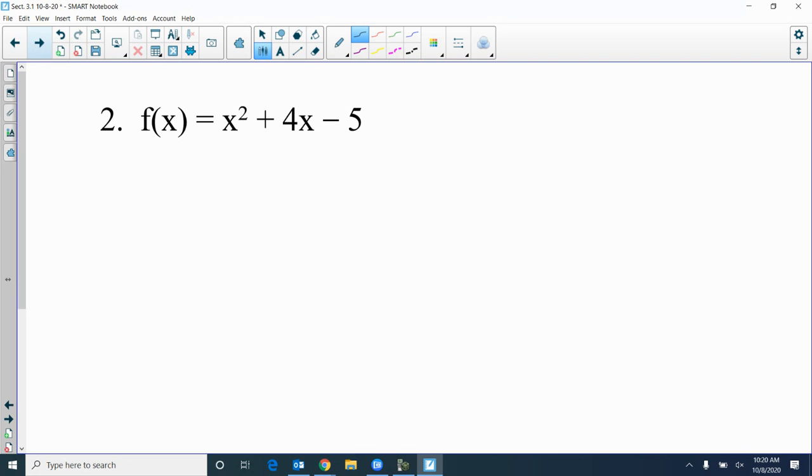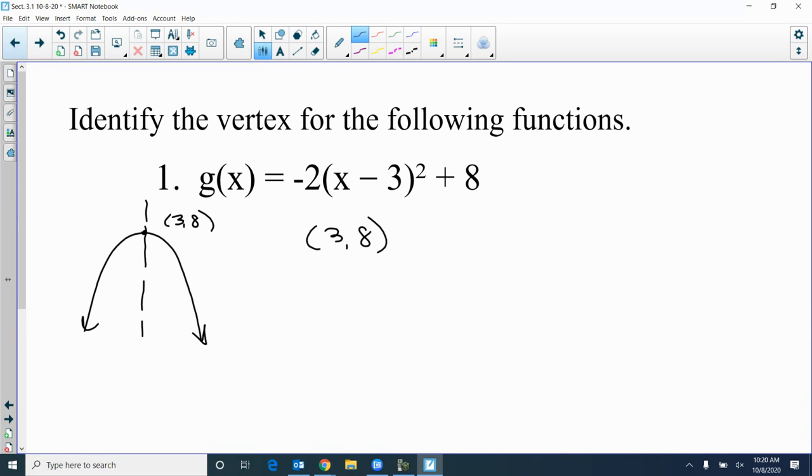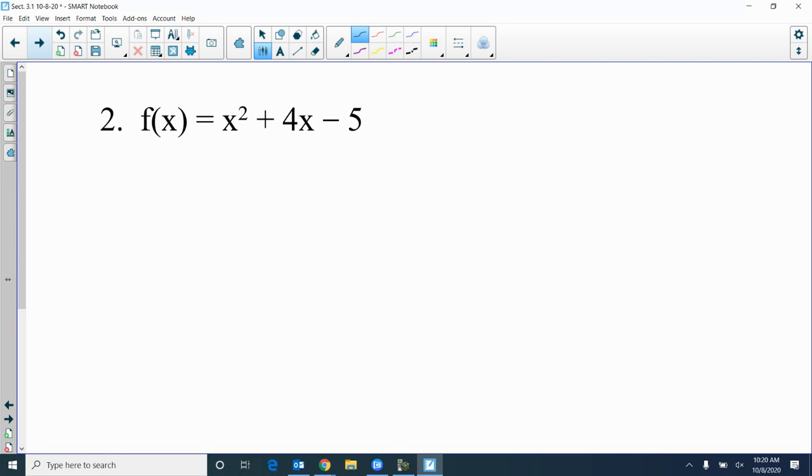Number 2, what's the vertex looking at that? All right, is it obvious? No, it is not obvious. That's why that vertex form is nice, because all I have to do is look at it and say, hey, I know where the vertex is. Well, to find the vertex, I'm going to put it in that form, so I have to make it a quantity squared.